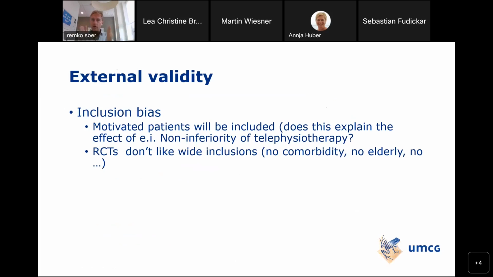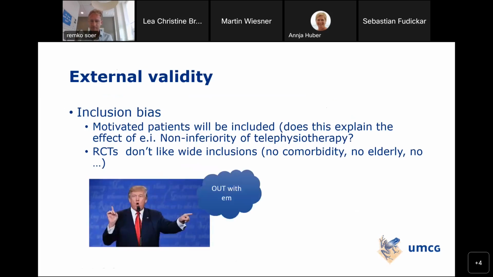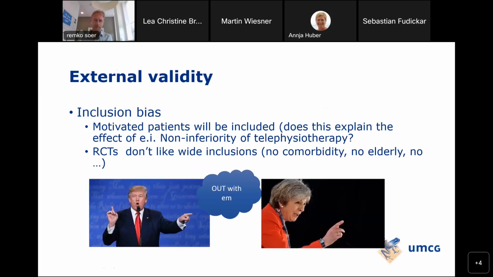So you get a whole lot of restrictions, and basically you will end up with a very small homogeneous sample, which has nothing to do with the real patient anymore. So I'm a really big fan of Trump, and basically everything which is a bit different than he is, it's just out with him. So really, all the patients that are a bit different compared to normal are excluded from randomized controlled trials.